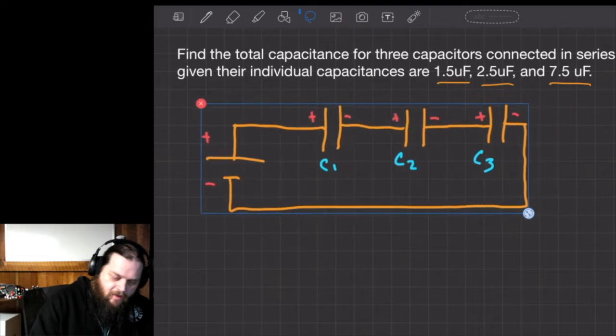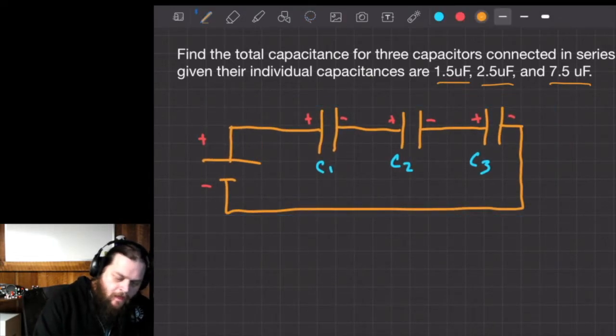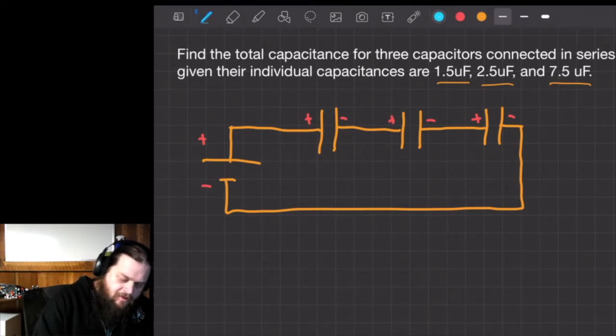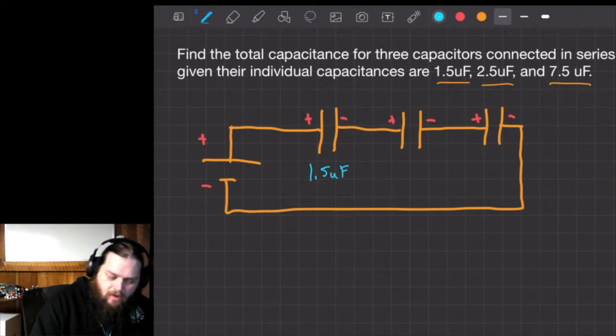Make it a little bit bigger. And now we know values for C1, C2, and C3. So this is 1.5 uF. U is like mu, so it's microfarad. 2.5 microfarad and 7.5 microfarad.